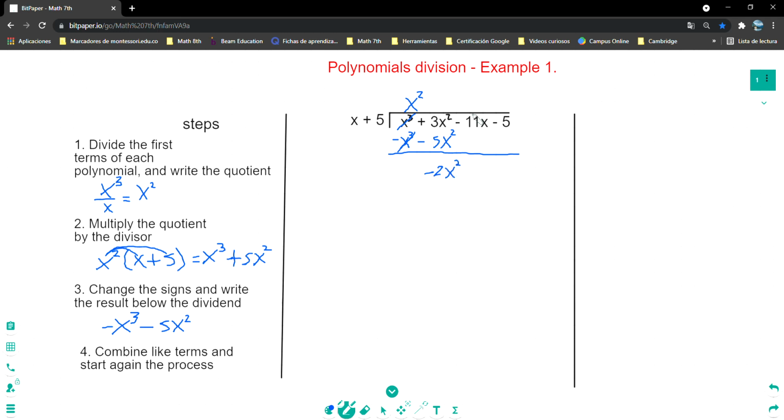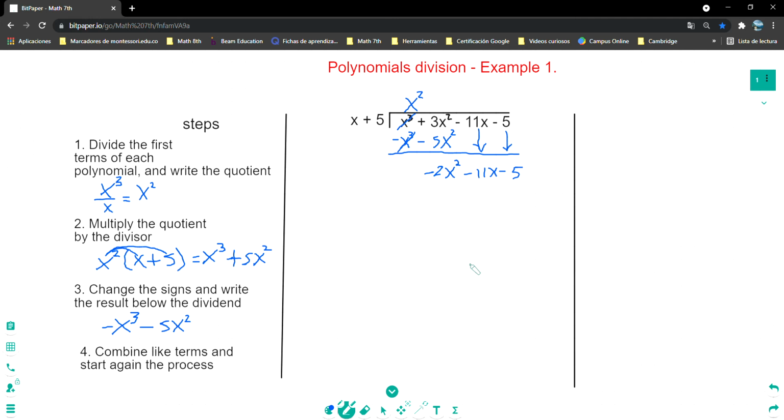The missing terms don't have any like terms to add or subtract, so we bring them down. That will be minus 11x, and we bring down this minus 5. Okay, ready the first part, guys.